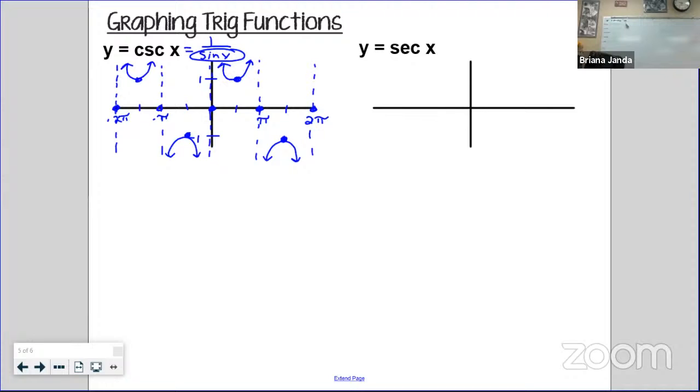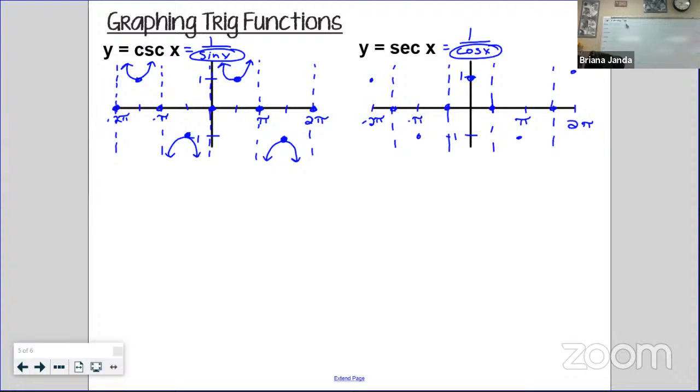Same thing for the other one, but its denominator is cosine. So we repeat this process. Okay, I dot out my cosine curve.